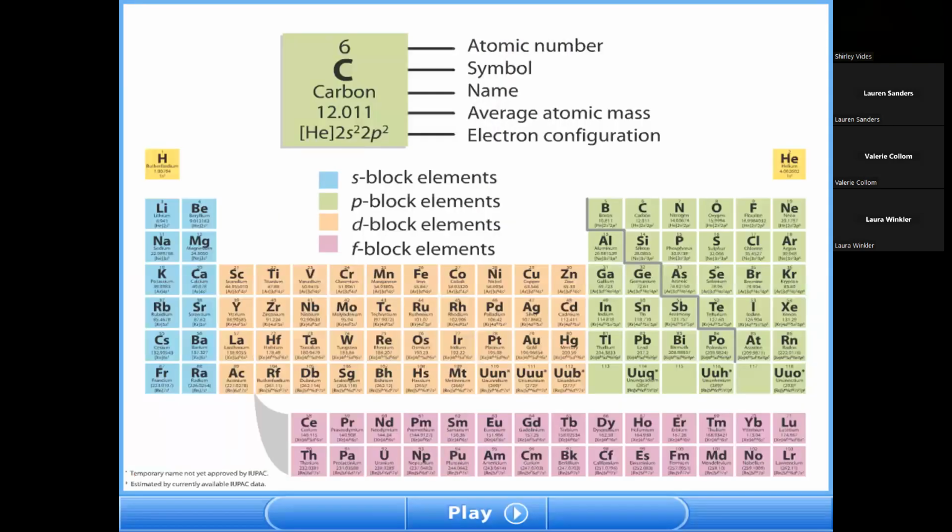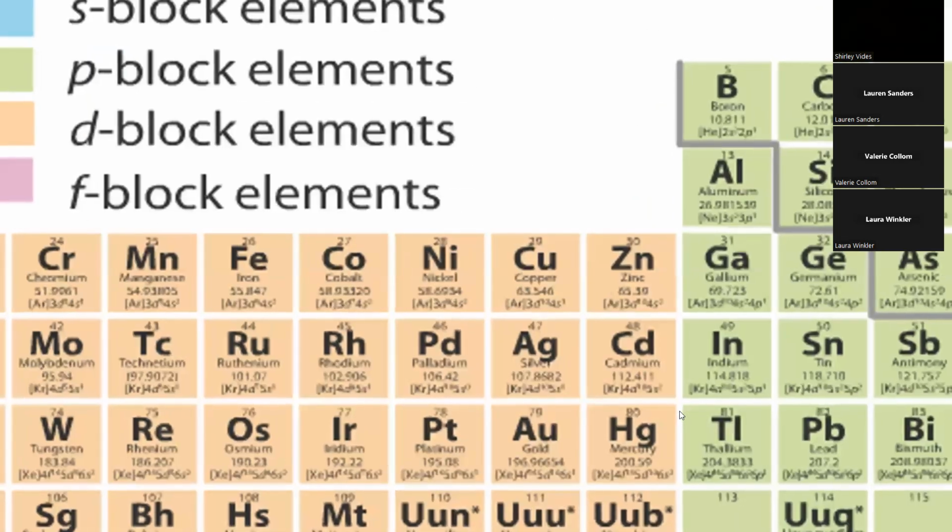All right, so on this periodic table, if you could actually see it very well, every single one of the elements has its short form configuration. Do you see it? Every single one. There's manganese. See, you can kind of see them all.